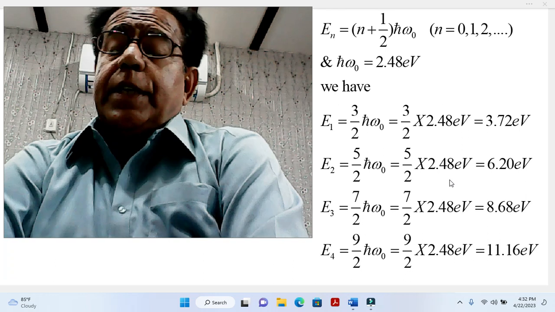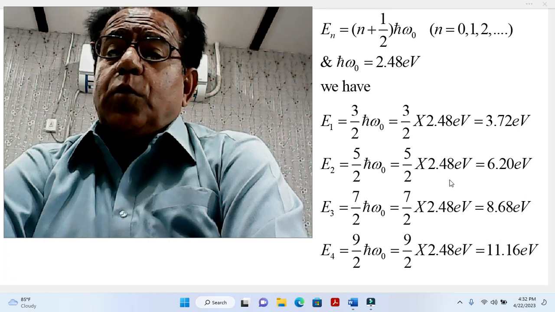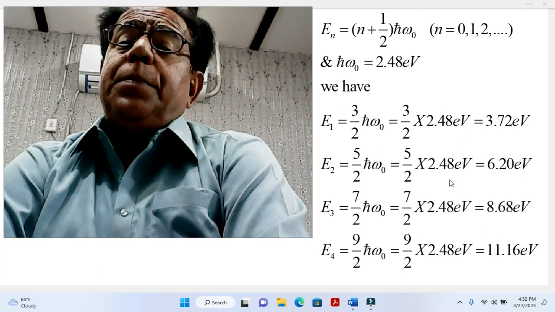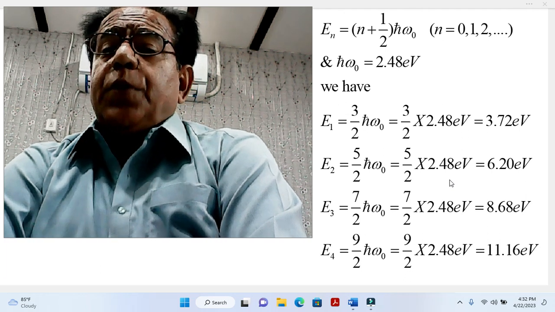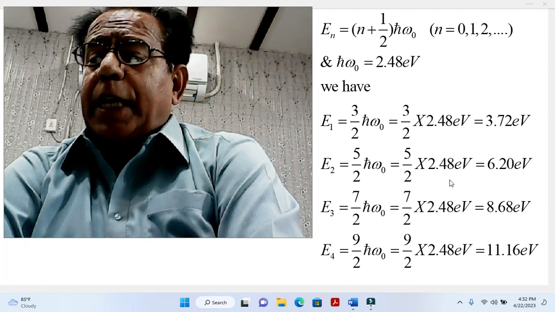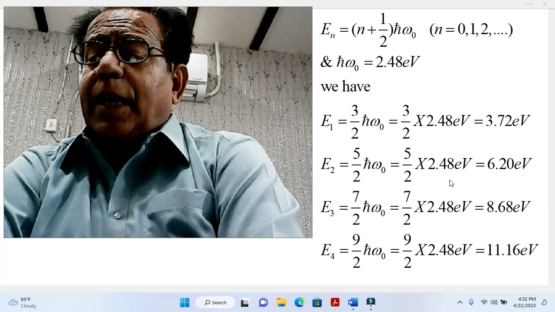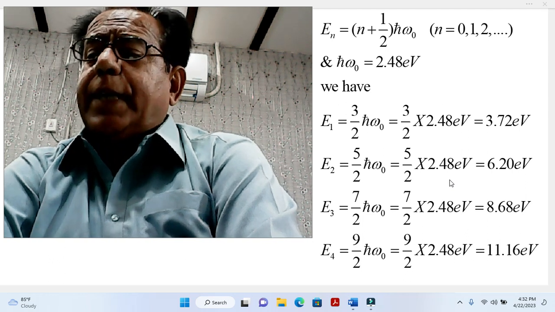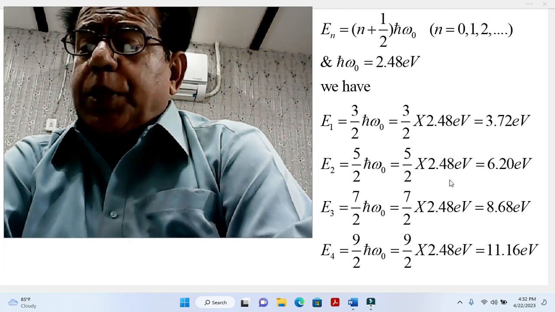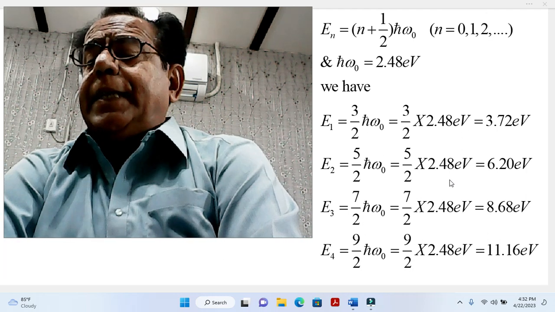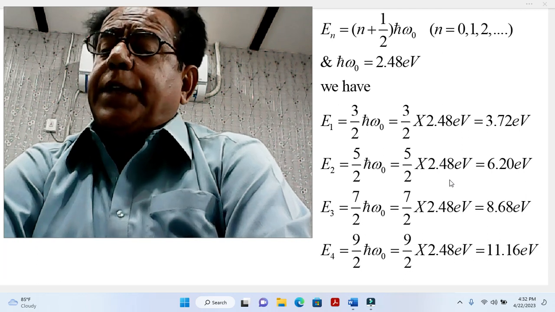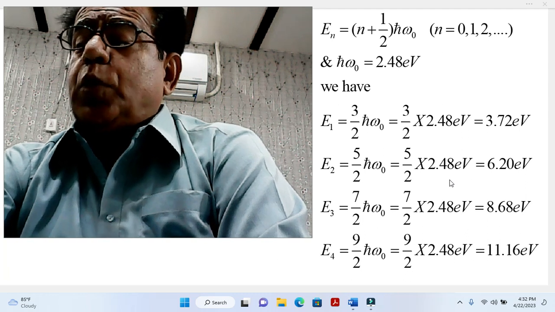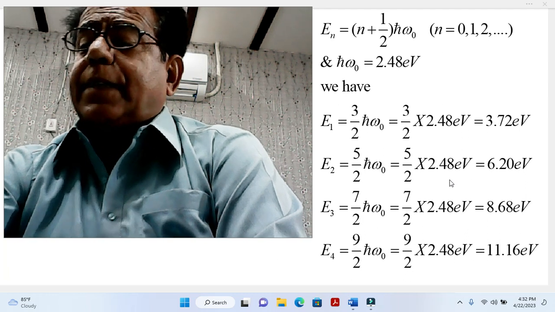Now in order to find E4 we will put n equal to 4, and we know that 4 plus half is equal to 9 by 2. We multiply 9 by 2 with 2.48 electron volt, and hence E4 will become 11.16 electron volt.